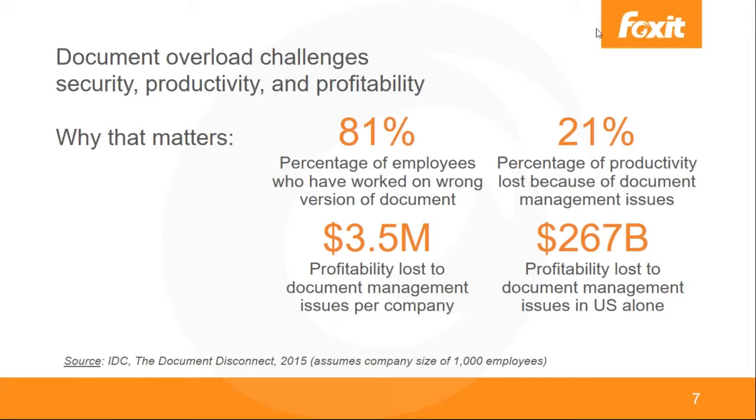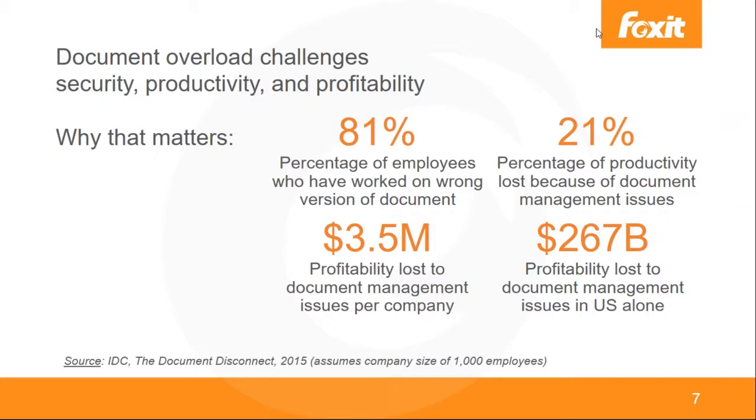According to a report by IDC that was done last year, called the Document Disconnect, the percentage of employees who worked in the wrong document is 81%, and the percentage of productivity that's lost because of those sorts of issues is estimated at 21%. By IDC's estimate, the productivity lost to document management issues for a company of around 1,000 employees is 3.5 million.